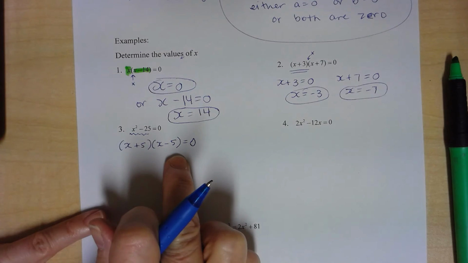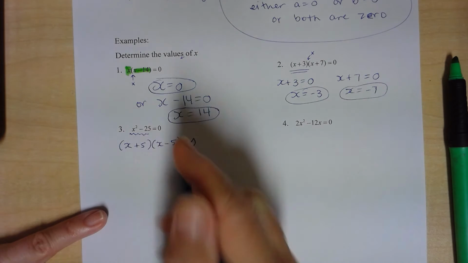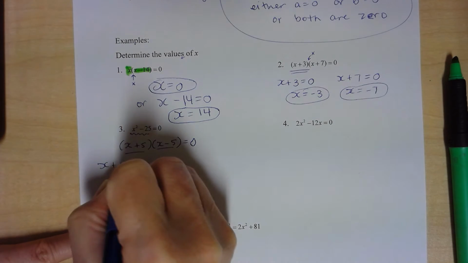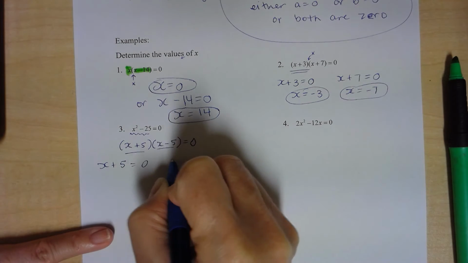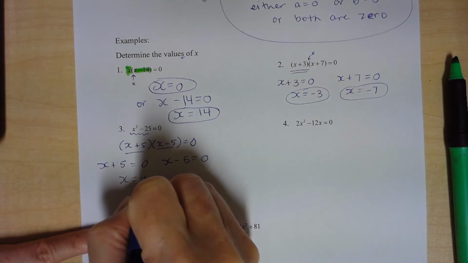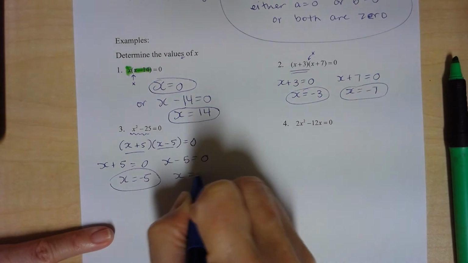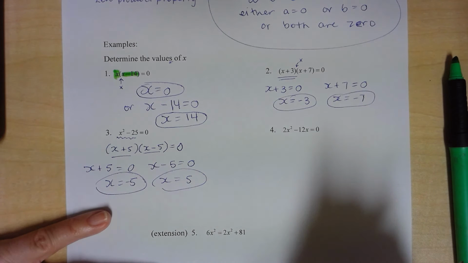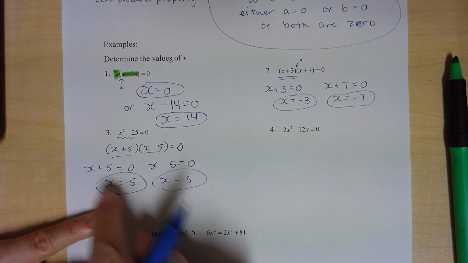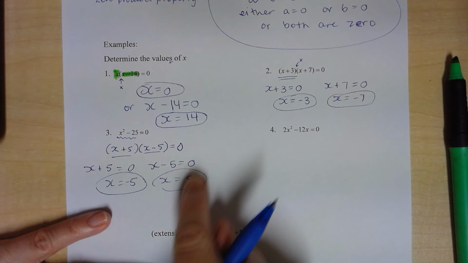Now once it's in factorized form, I take each factor separately and set it equal to 0. So x is -5 or 5. I'm sorry if it glitched when I was there, but I set each factor equal to 0.